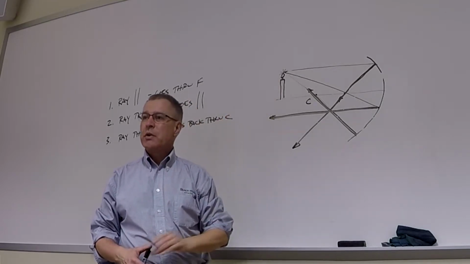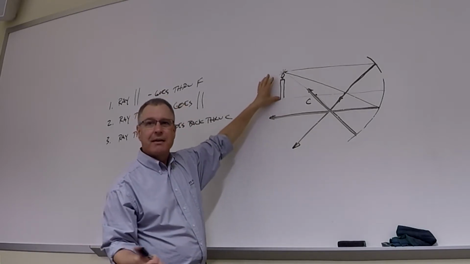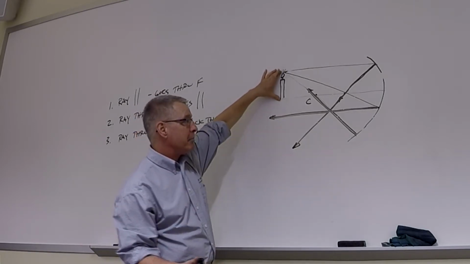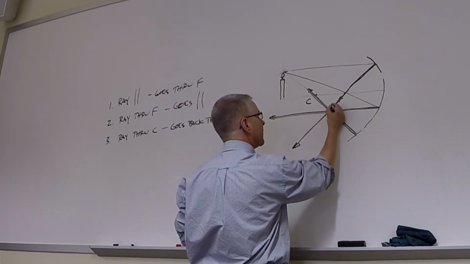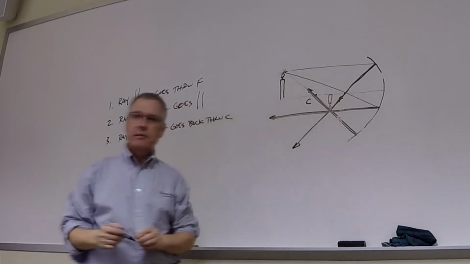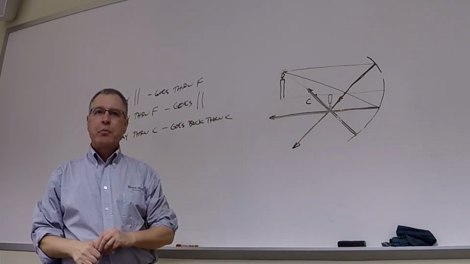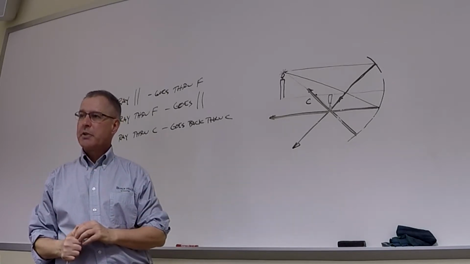The easiest way to do it, as long as your object's sitting on this optic axis, which they all are going to be, is to figure out where the top is. Here's the top of that flame. Everything else is like that. So I ended up with an image that was upside down and a little smaller than my object.